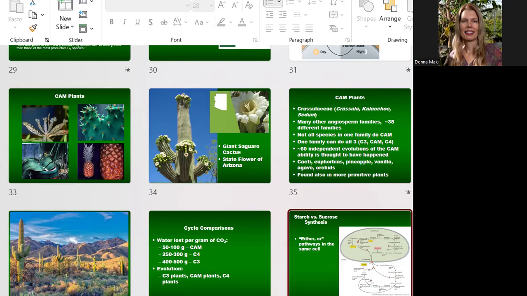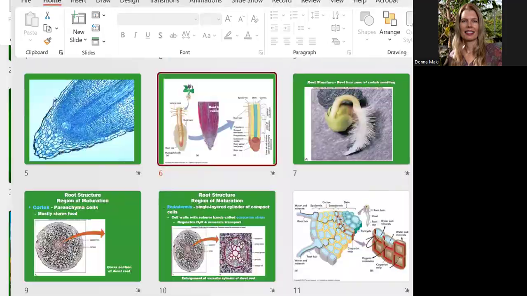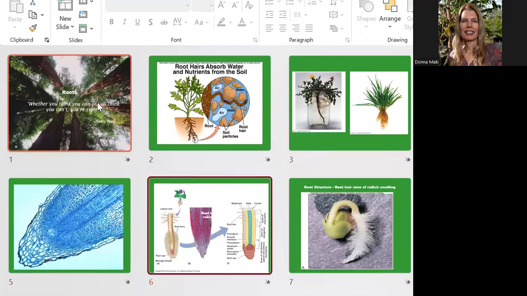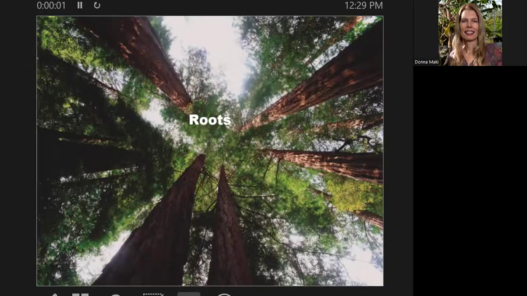So I want to get into the root lectures. And then what I'm hoping to do is the soil and water content will push to somewhere around the leaf. When we start covering leaves, we'll probably do that then. So I'm not trying to get rid of it. I just need to rearrange so we stay on track with what's happening in the lab.